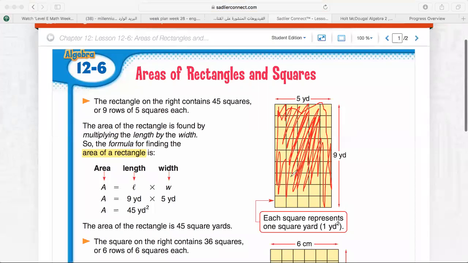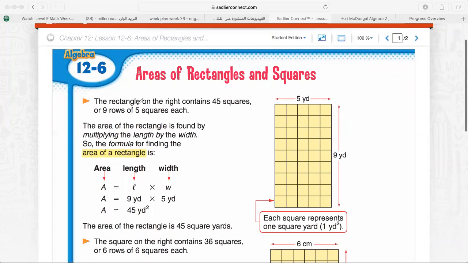Like the tiles in your room, the tiles in the class. So all that is covering any place is called area.